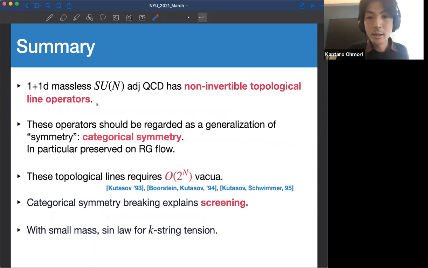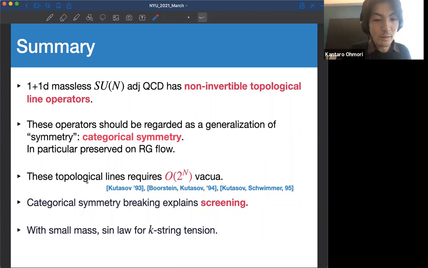Okay, so the summary is that we considered this adjoint QCD, and adjoint QCD has non-invertible topological line operators that I'd like to regard as a generalization of categorical symmetry because it is preserved by RG flow.